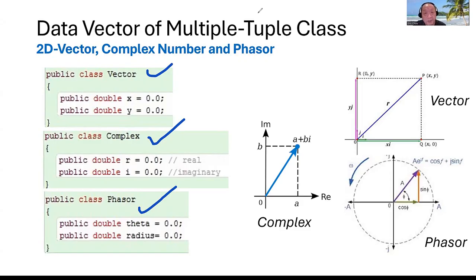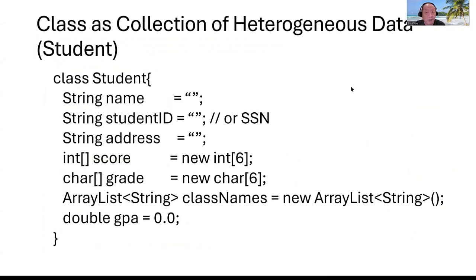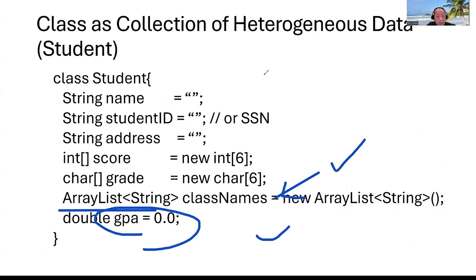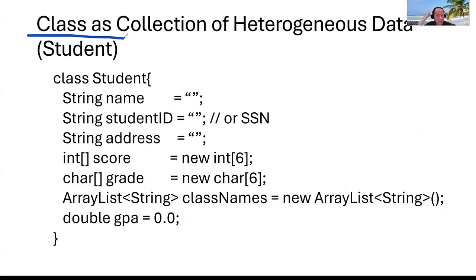Just giving you the idea that these are different data vectors. You may have a student class with the name, student ID, age, score, grade, and then class name. Class name is an array list, multiple classes. That's okay. GPA is okay. So this is one class as a data collection.